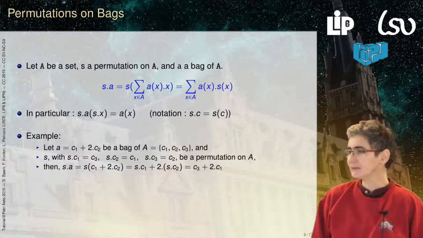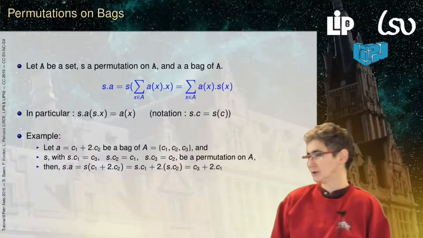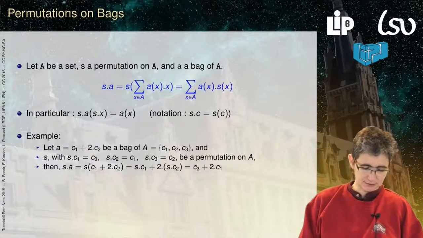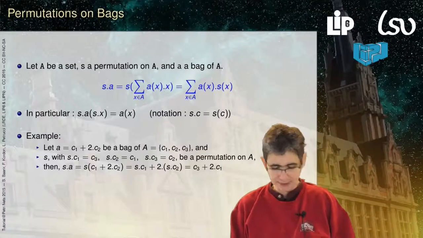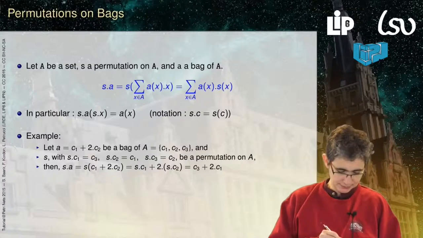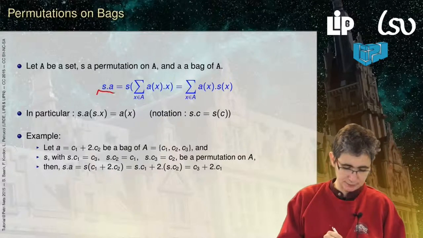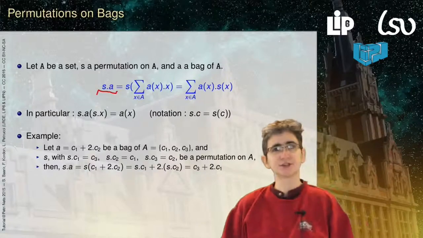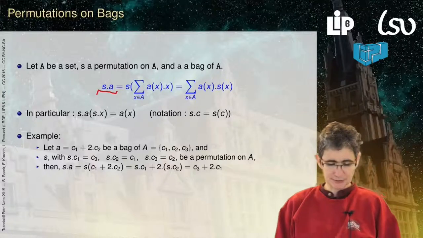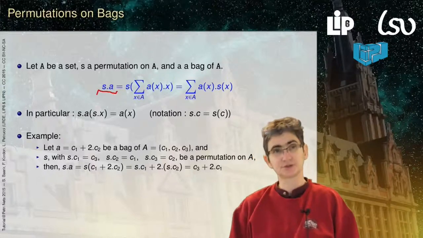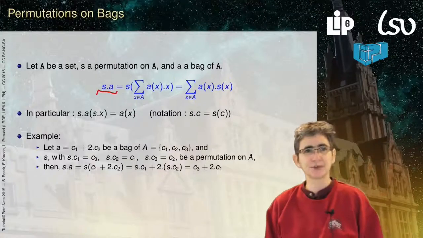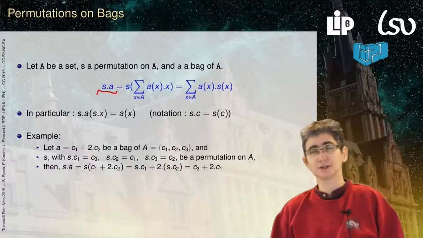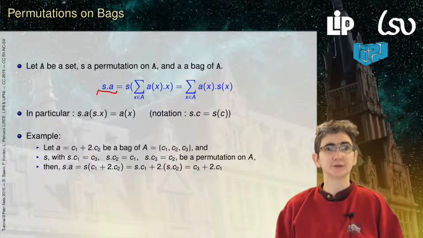So we have a set A. We take a permutation on A, which we call S, and a bag small a of elements in A. So we can apply here the permutation to the bag S(a), and this application of the permutation to the bag is the same as applying the permutation to the sum of elements in the bag, and it's the same as the sum of elements where the permutation is applied to the individual values, right?